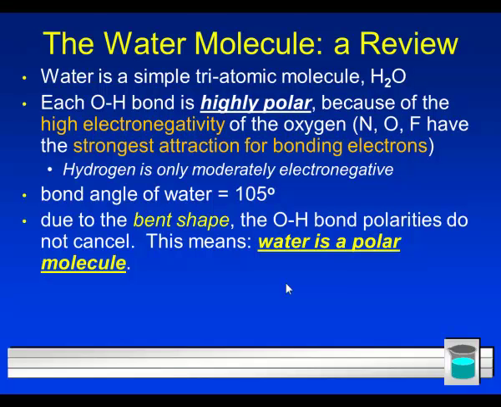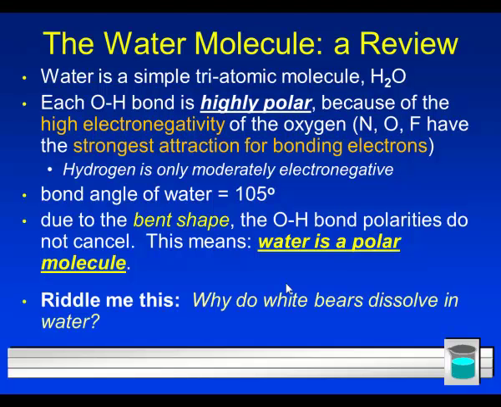And a lot of what we're going to talk about in this unit relates to the freaky nature of water. And it's freaky because it's this little tiny molecule with a very high polarity, and that gives it all of its interesting features, the characteristics that make water so important to life and to chemistry.